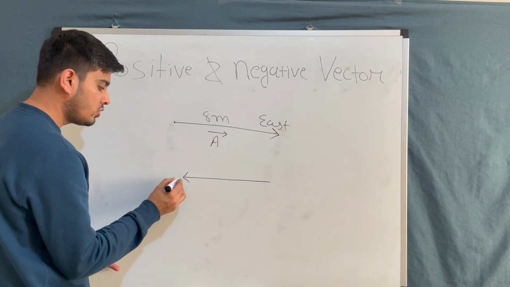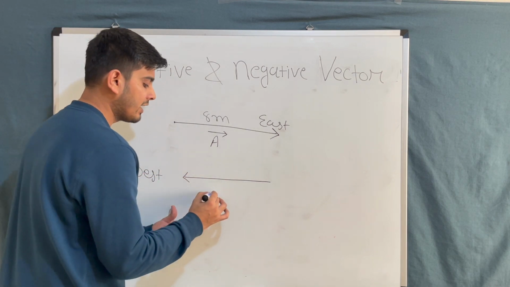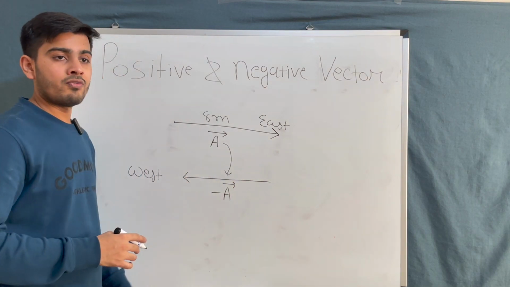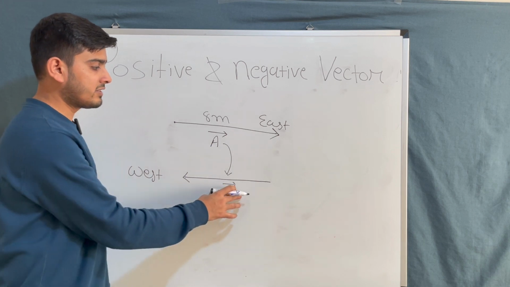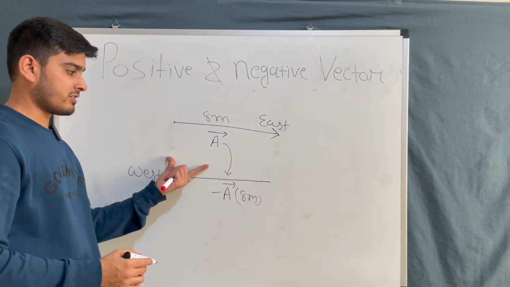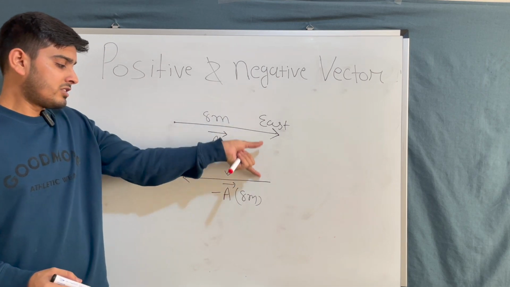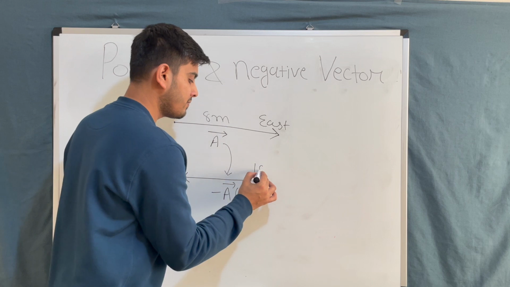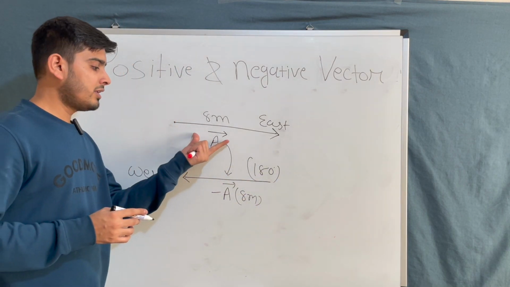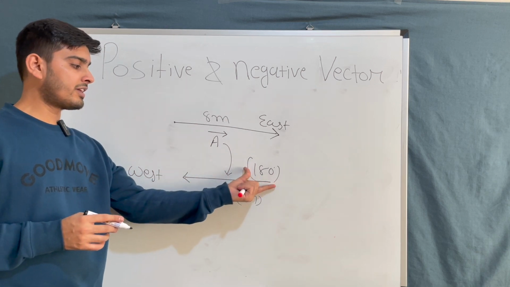So 8 meter towards west is our negative of vector A. This will be your negative of vector A, having the same magnitude 8 meter but opposite direction. It means I turned this positive vector by 180 degree. So remember, the angle between positive and negative vector is always 180 degree.